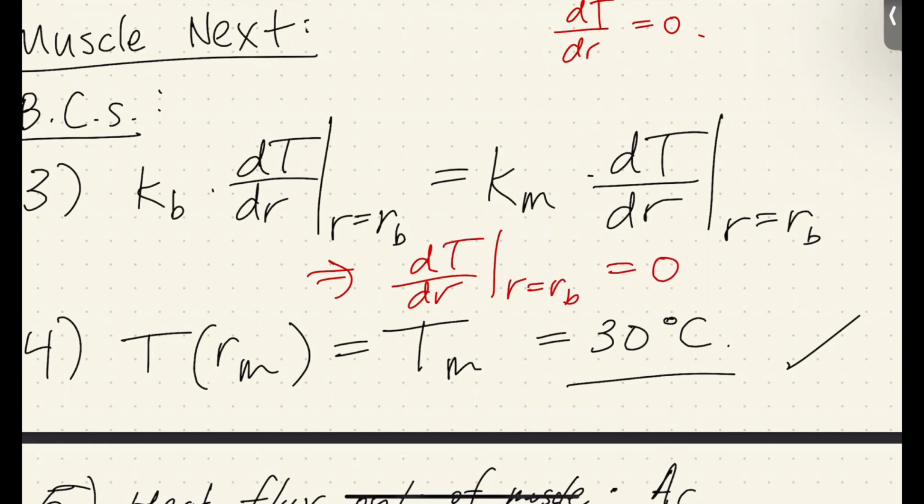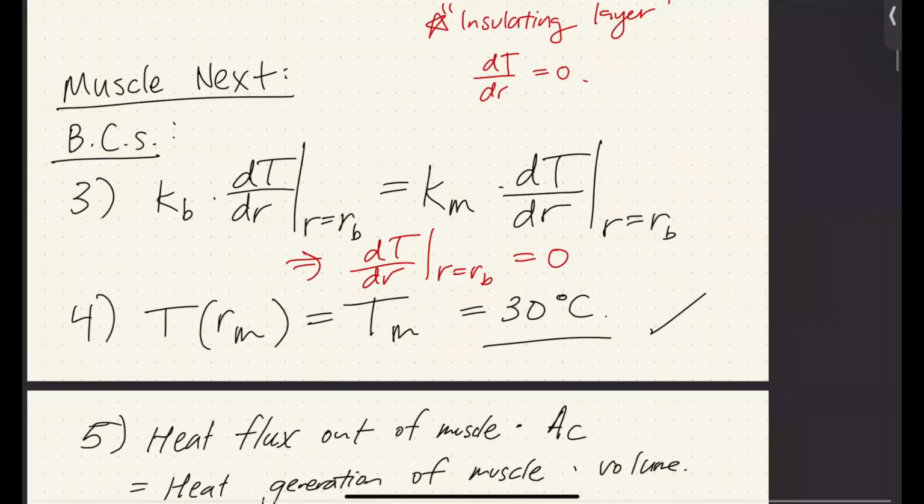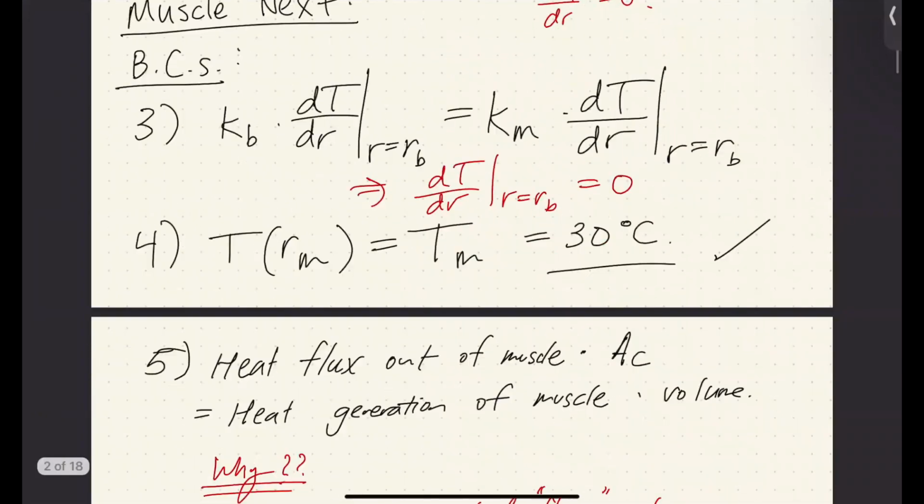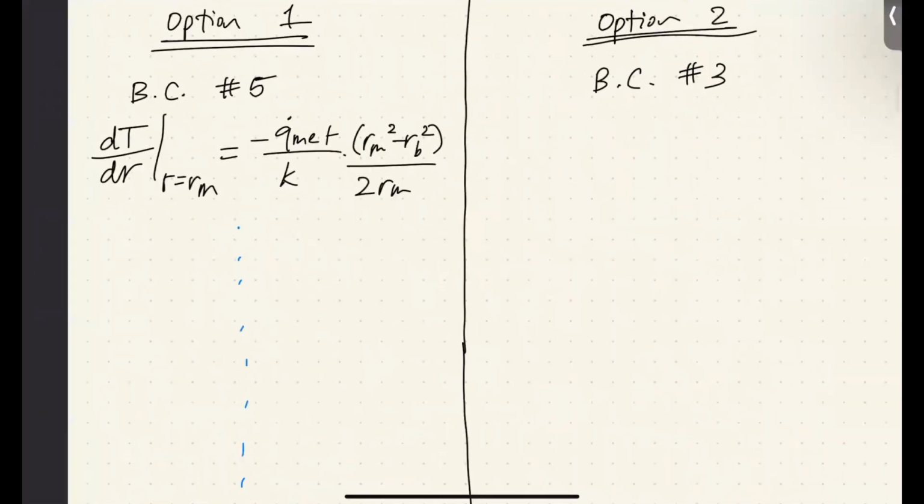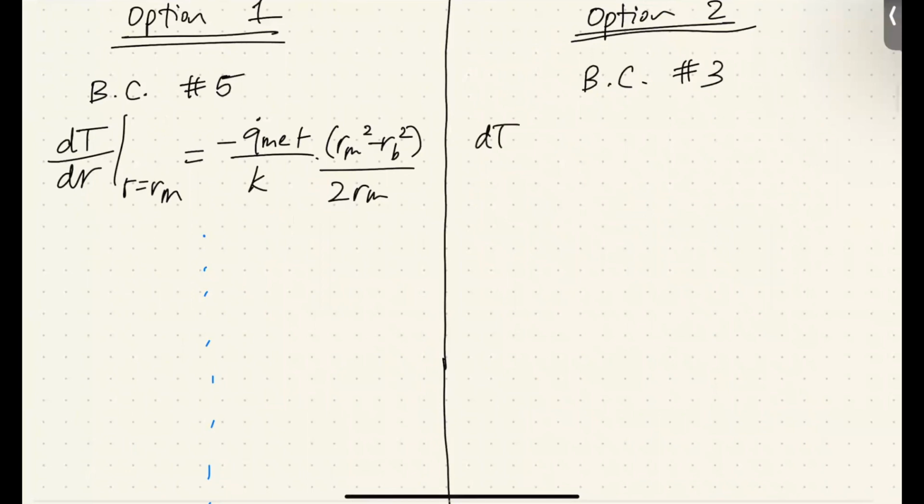It also makes sense because the dT/dr of the bone is 0 anyways, so if it's 0, it can't suddenly change at this interface. It's going to be 0 at the interface. So that means we also have another boundary condition that we could use: dT/dr at r equals rb equals 0. Well, you tell me which one looks easier. Of course, option 2 is going to be easier.